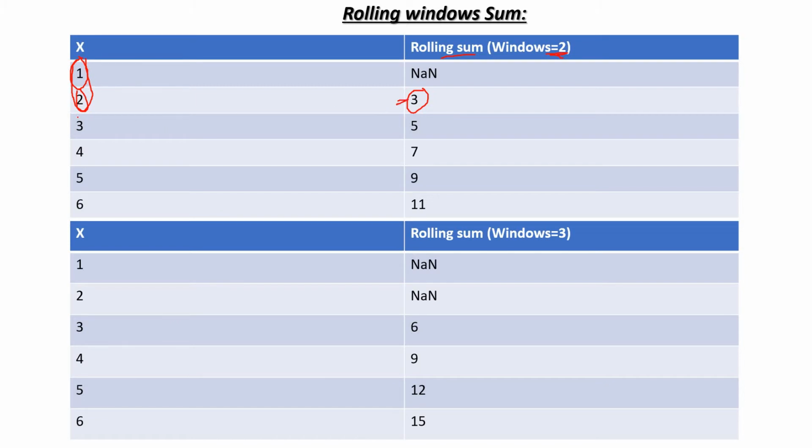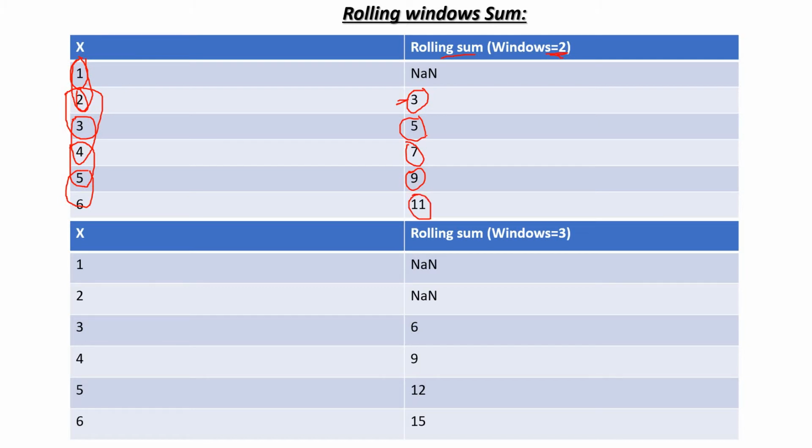Then the next window, you add these 2 elements, 3 plus 2 equals 5. The next one, 4 plus 3, that is 7. Next, 5 plus 4, that is 9. Then 6 plus 5, that is 11.